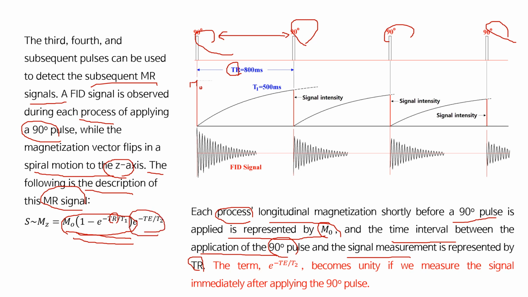This term becomes unity if we measure the signal immediately after applying the 90-degree pulse. So if we measure the signal immediately after the second 90-degree pulse, then this term will become 1.